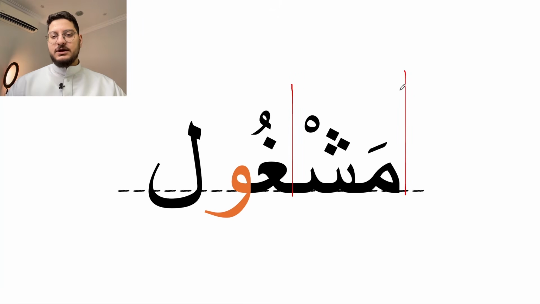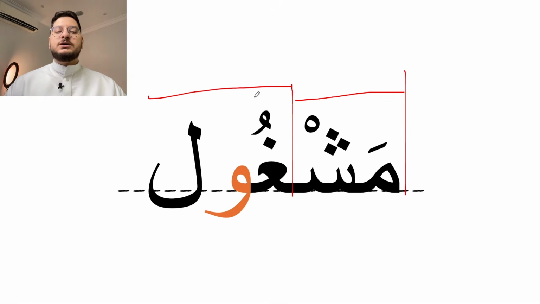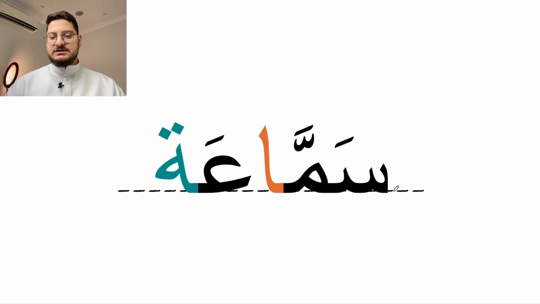Now the first syllable is mesh. By the way, please try to read along. Mesh. And then, again, we have the dot on top here. So this is the gargling sound. So this is ghu. Ghul. Mashghul. And mashghul means busy.